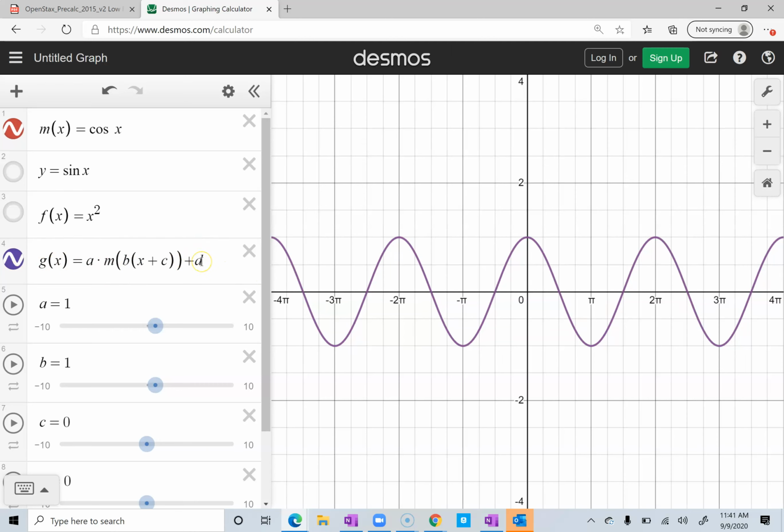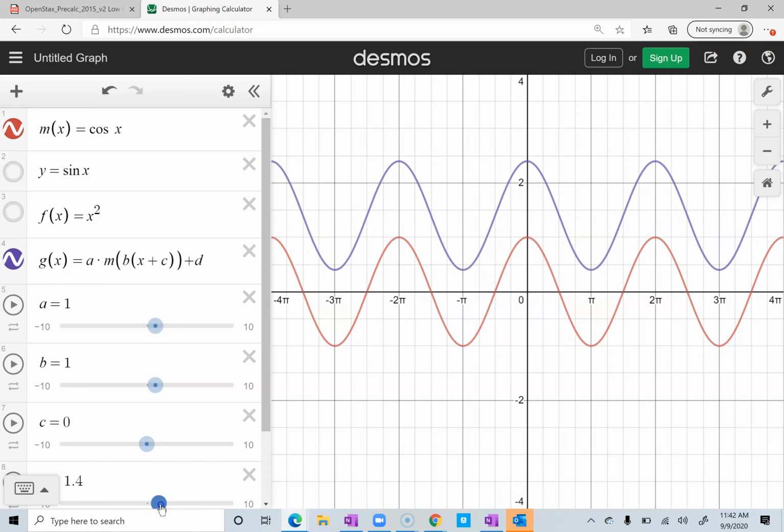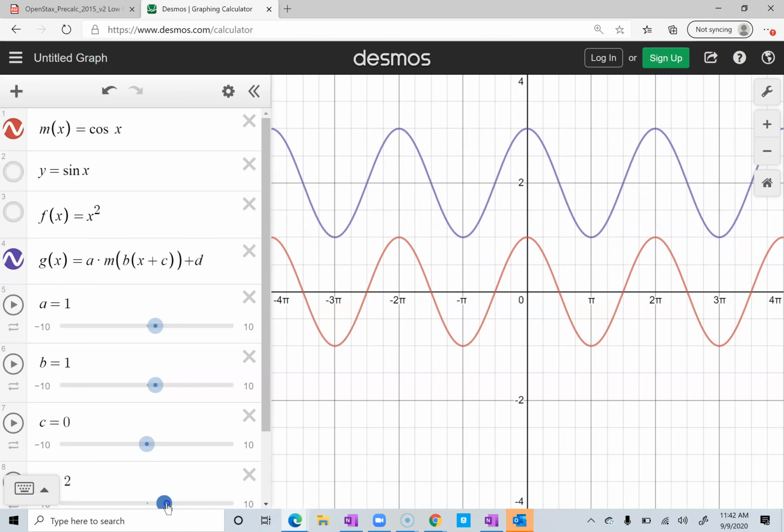As I change D, what do I expect to happen? Shift. Good. It's going to move it up and down. We call D the midline. It splits the graph in half. Right now, the midline is the x-axis. It's 0. As I make D positive, y'all see how the whole purple graph is shifting up? Look down here.